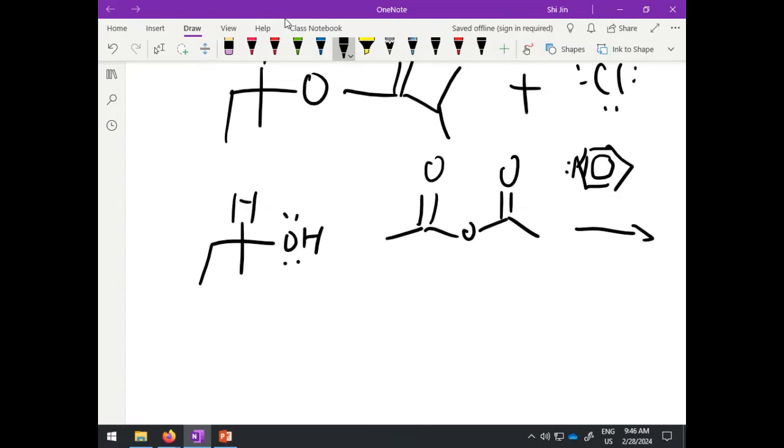So the alcohol will be the nucleophile. Which atom will be attacking? The carbonyl carbon, always. That's the most electrophilic atom we have here.